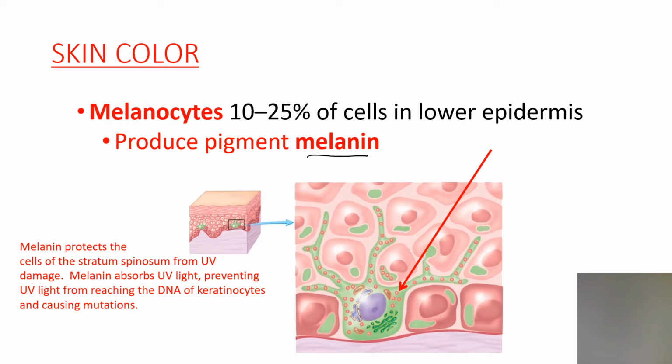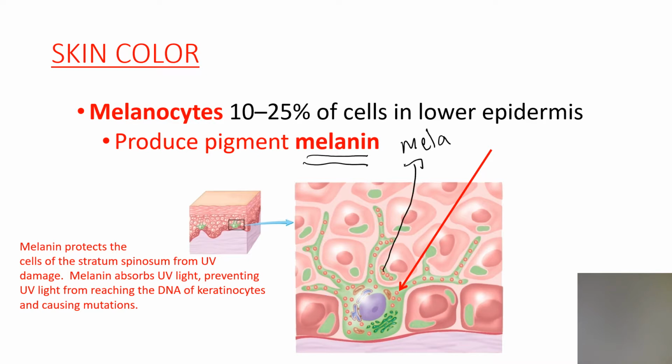Melanocytes are specialized cells found in the stratum basale. These cells can make a pigment called melanin. These cells secrete melanin in small sacs called melanosomes.